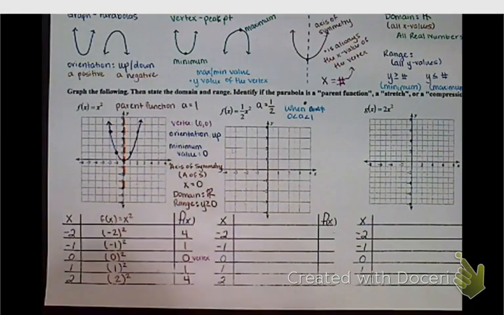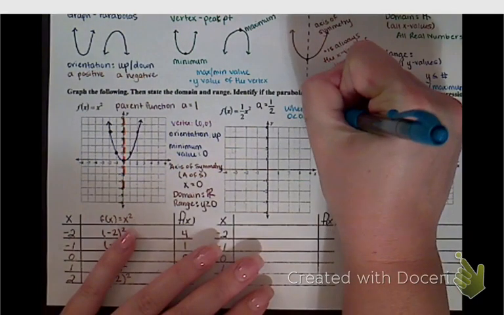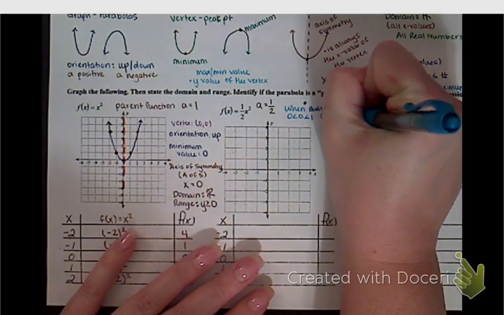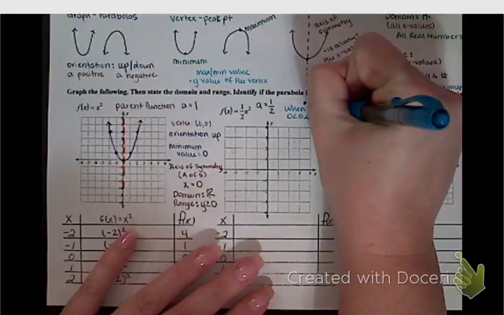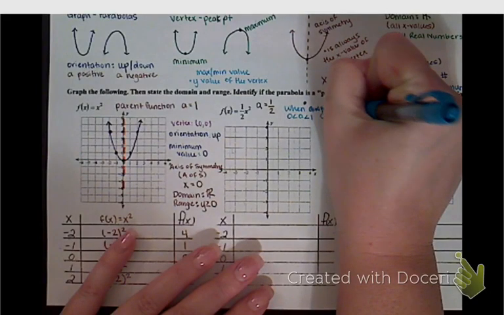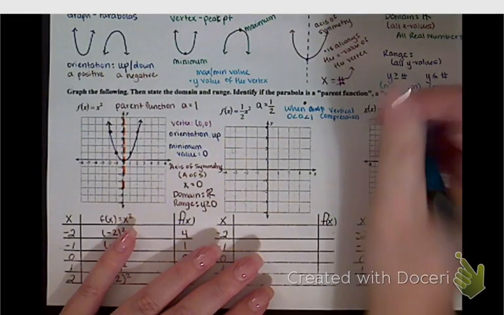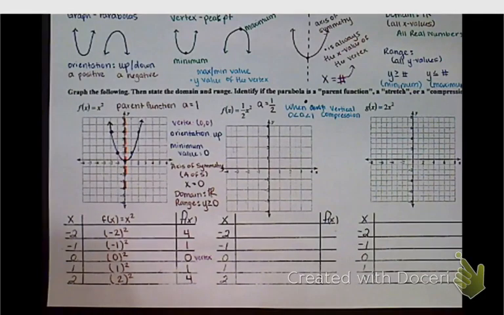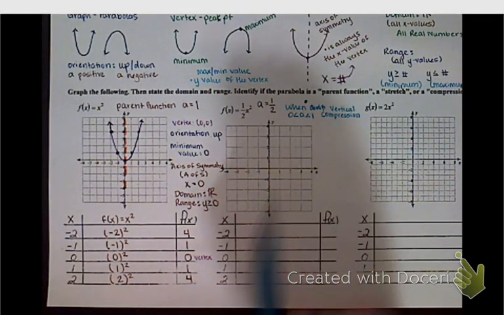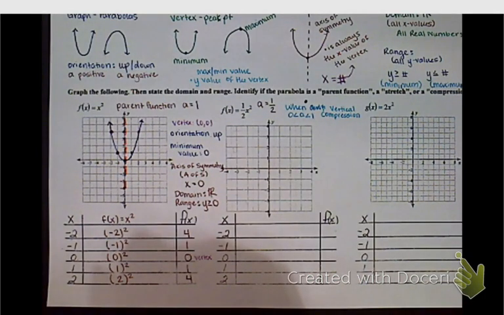When a is between 0 and 1, we have something called a compression. And more specifically, it's a vertical compression. So we'll see what actually happens. Okay, so I have a vertical compression when a is between 0 and 1.